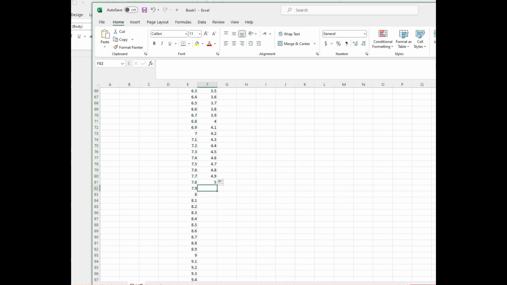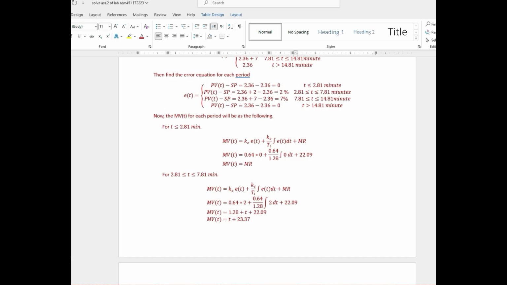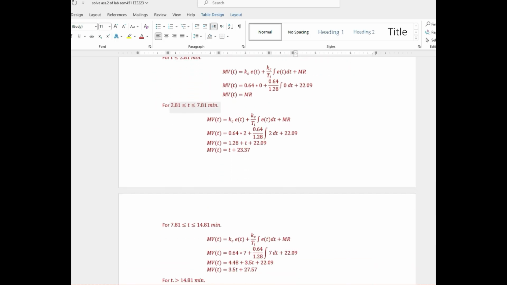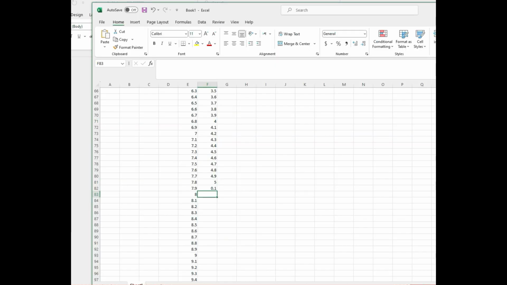Now the second effective time, starting from 7.81. So my effective time here will start with the actual time minus 7.8, until I reach the upper limit. My upper limit will be 14.81. So I will try to find my upper limit location here. 14.81 minus 0.1 gives me 140. So I'll go to the cell number 140, 14.81.